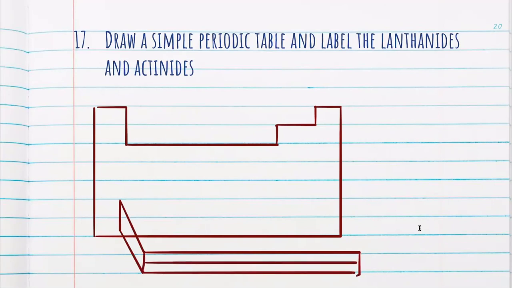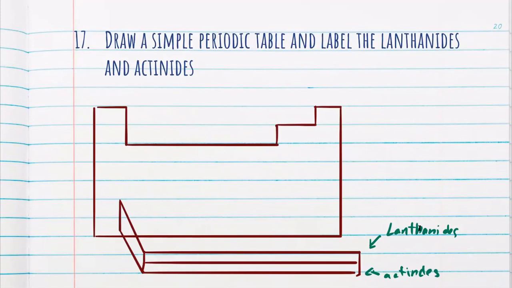So this is my periodic table. I'm going to make sure to label that this is the lanthanides, and this is my actinides.